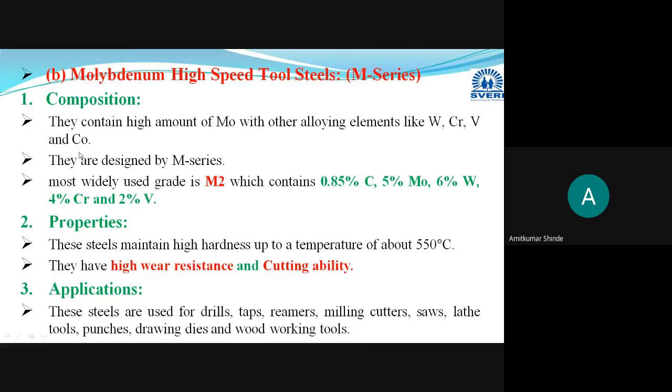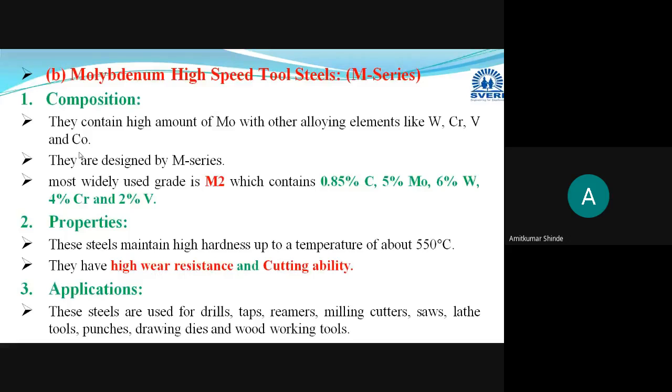Cobalt will improve the cutting ability, and the other alloying elements like tungsten, chromium, vanadium will form their respective carbides, and due to the formation of these carbides they will increase the hardness and wear resistance at higher temperatures, and also somewhat improve the cutting ability. So this is the effect of the addition of these other alloying elements in both types of high speed tool steels.